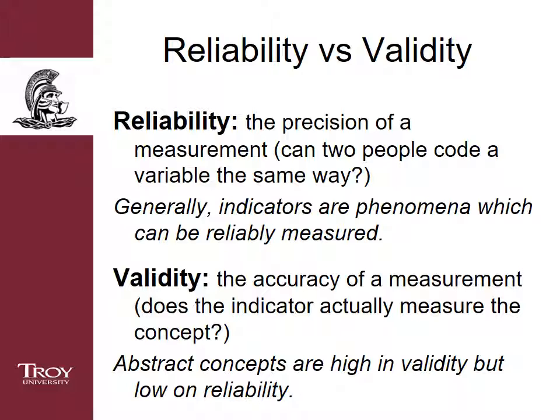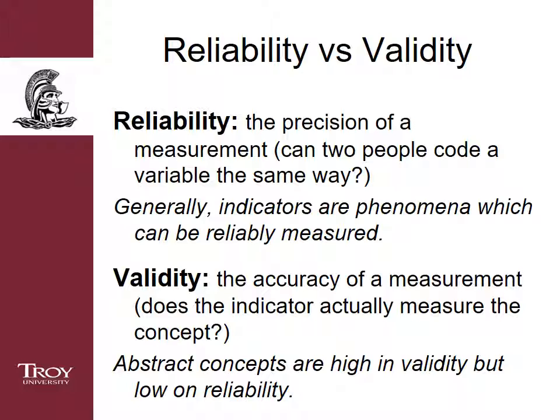All right. The key thing in the process of operationalization is that there are two good things we want to come out of it. We want our measures of the world, our variables, to be reliable, and we want them to be valid. Reliability refers to the precision of a measurement: can two people code a variable?